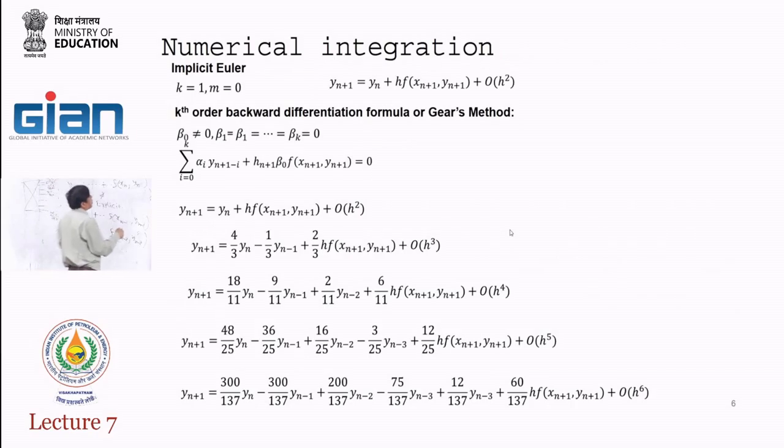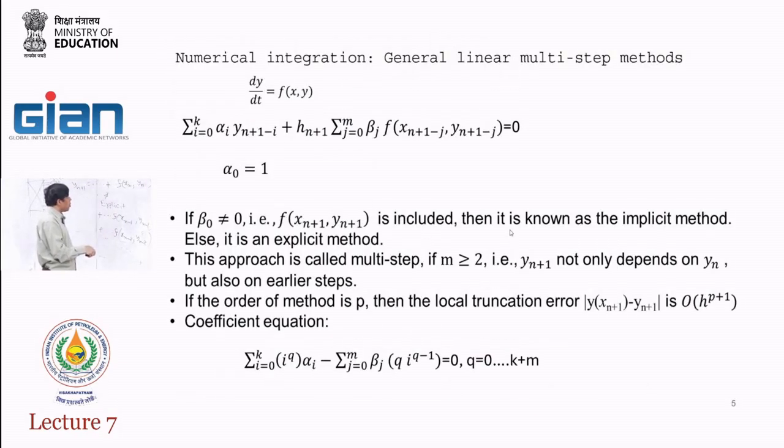From here, as I keep changing the value of k, I will get different orders. These are the errors that I will get, and these coefficients are obtained by solving these equations. I am not showing it here; you can find it in a numerical methods book, or you can solve it yourself by substituting these equations and solving for those coefficients.